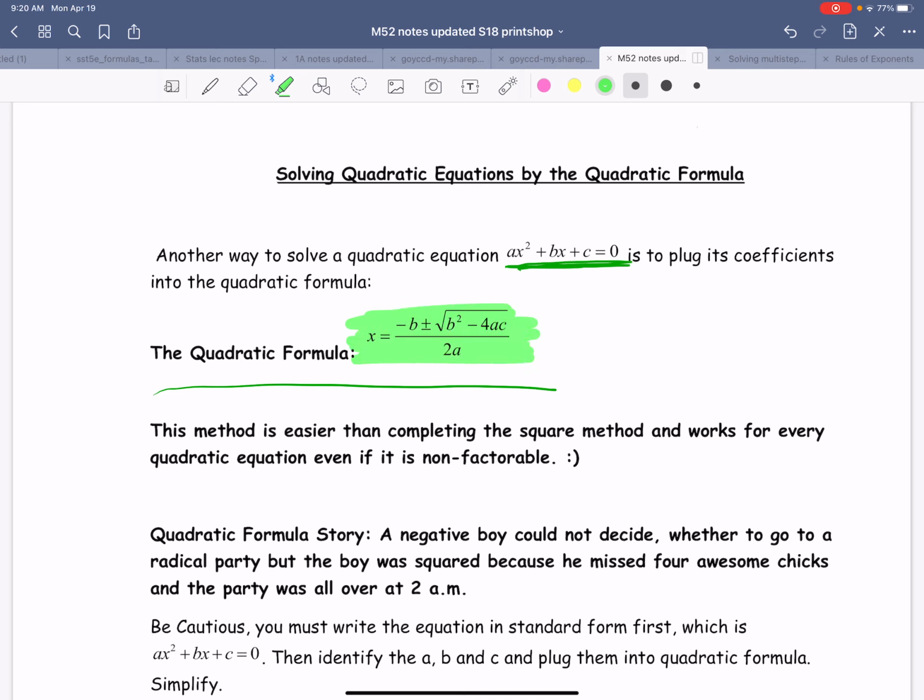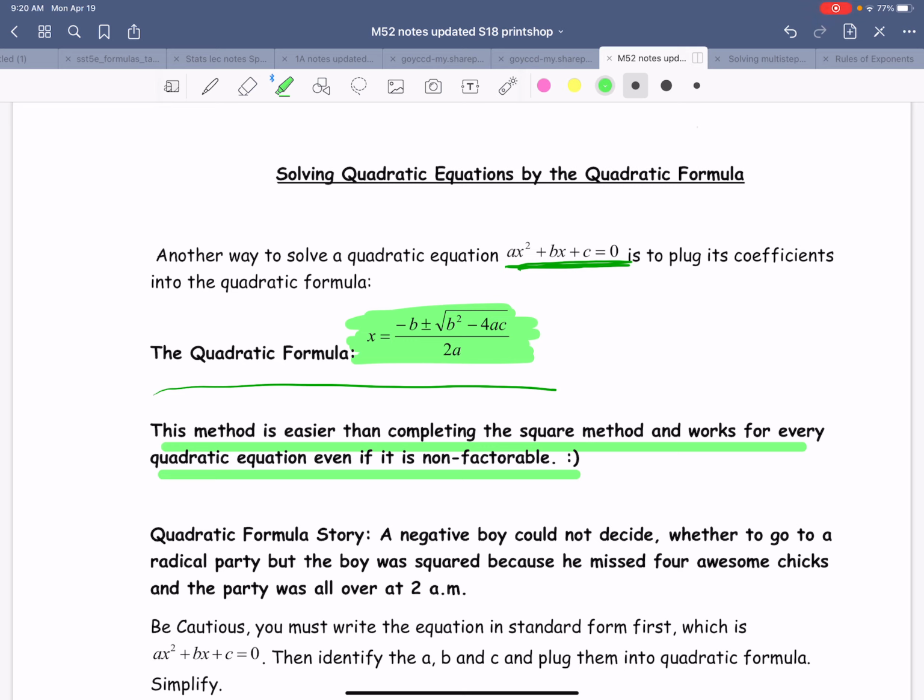It comes in very handy when you cannot quickly solve your equation by factoring. This technique also works for equations that are solvable by factoring, so you can always use the quadratic formula even if your equation is factorable. This method is easier than completing the square and works for every quadratic equation, even if it's non-factorable.